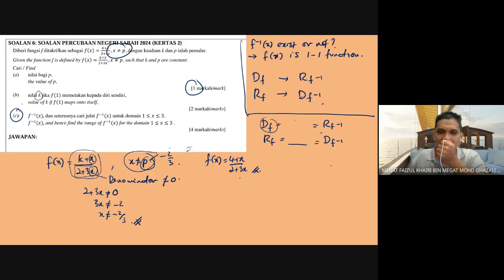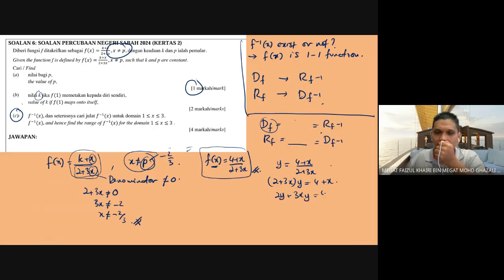Okay, so now the next question, part C: find f inverse and find the range of f inverse. Again, from this function f(x), change it into the form of y equals 4 plus x divided by 2 plus 3x. So cross multiply: (2 plus 3x) times y equals 4 plus x, then 2y plus 3xy equals 4 plus x.